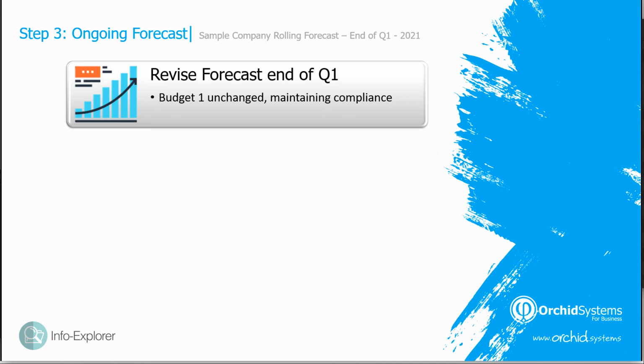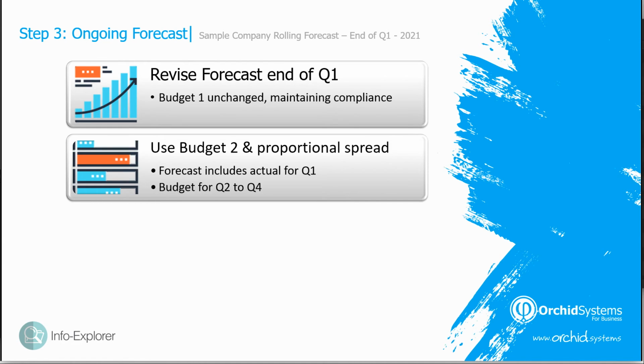So now we're going to look at the next step of our budgeting process, which is how to manage the ongoing forecast using Info-Explorer Writeback. So our scenario is that our budget 1 is unchanged, to maintain the compliance been approved by the board, it doesn't change. But when we want to revise our forecast at the end of Q1, we're going to use budget set 2.